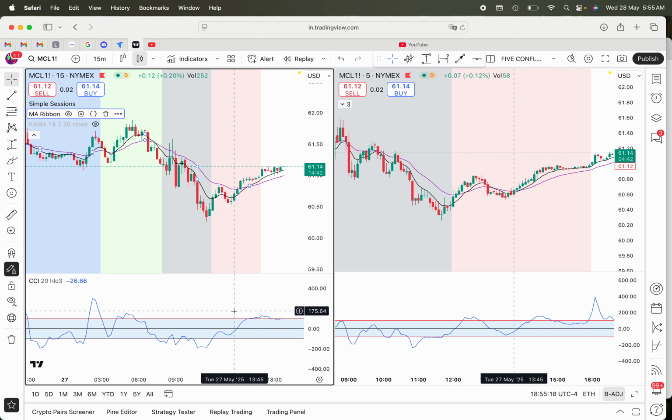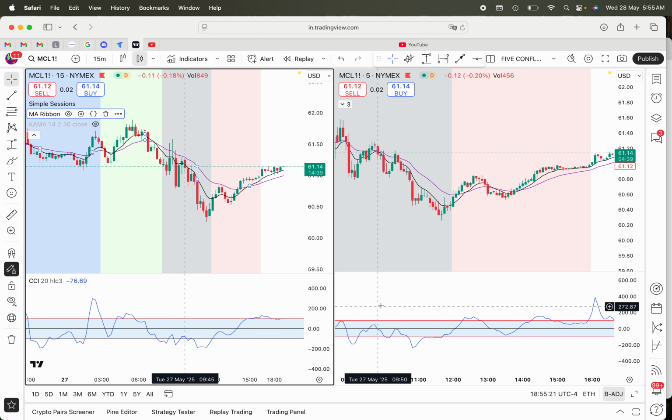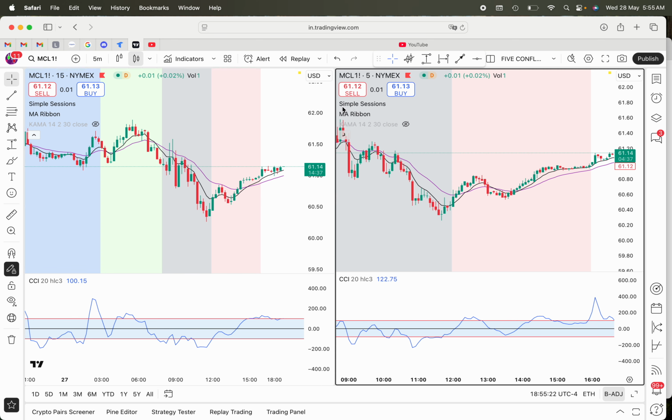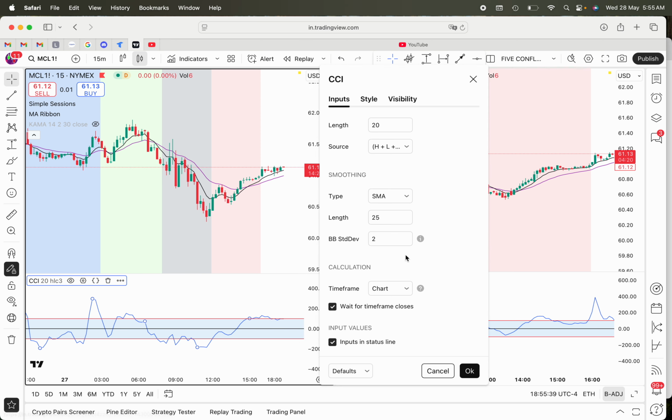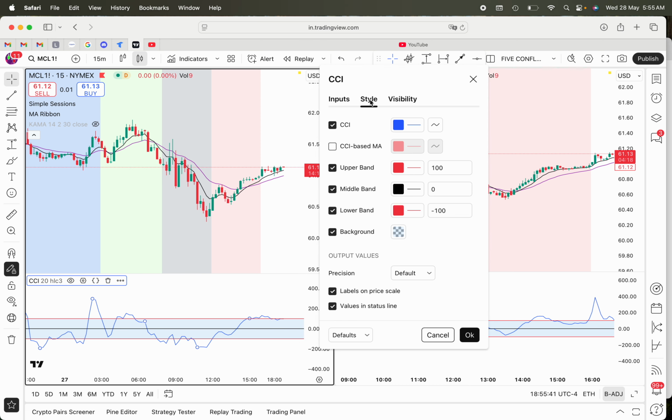Down below is a CCI on both charts. Let me just turn this on so you can see. Commodity Channel Index, this is set at 20, and the actual channel itself is set at plus 100 and minus 100 on both charts. There's also another setting that I do use, and that is I turn on the moving average. The moving average is based on the CCI, and I have that set at 25.